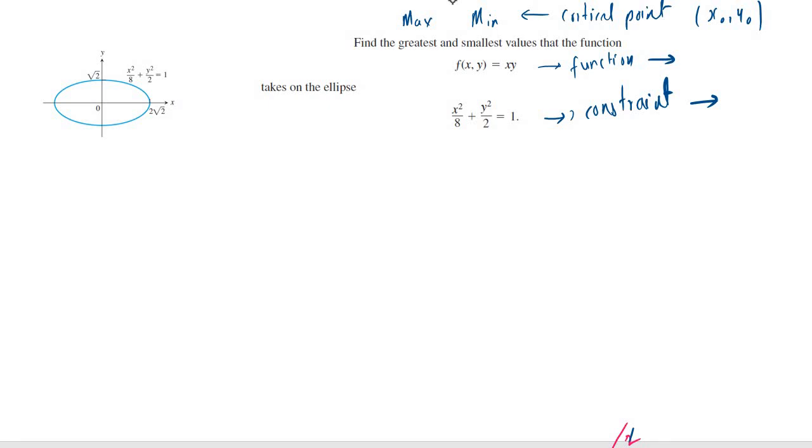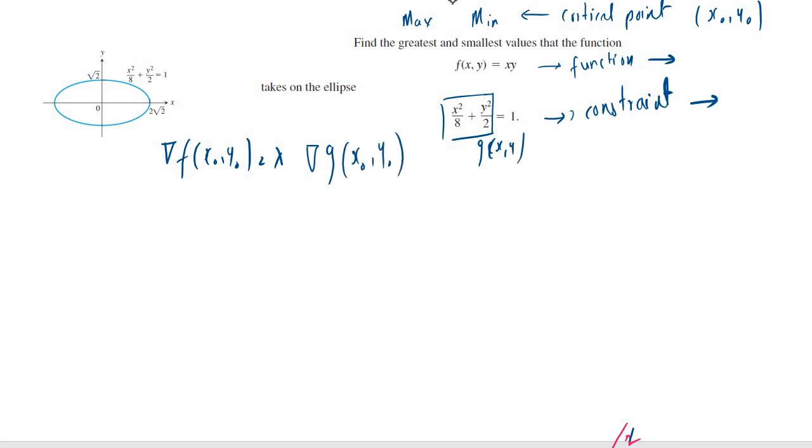Because of that, Lagrange noted that the gradient of the function at the critical point x0, y0 can be written as lambda times the gradient of the constraint g(x, y) at x0, y0.